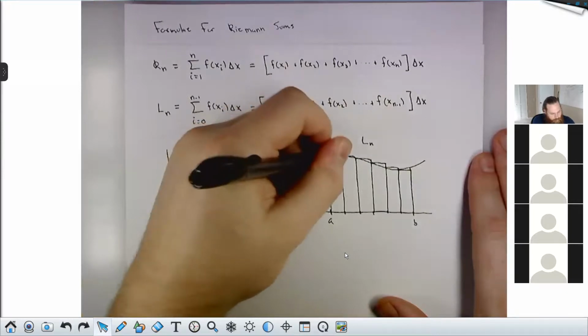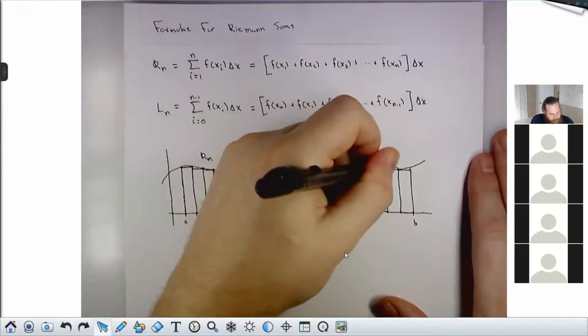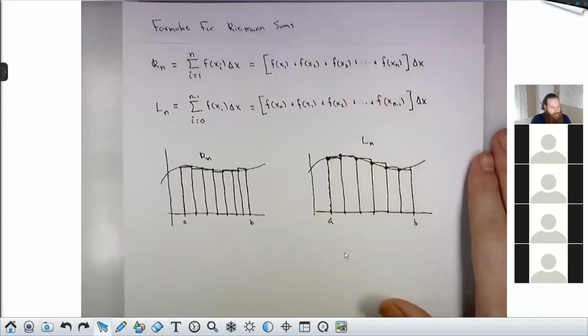So each height now is coming from the left endpoints.